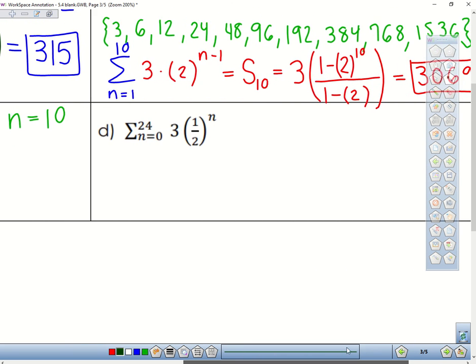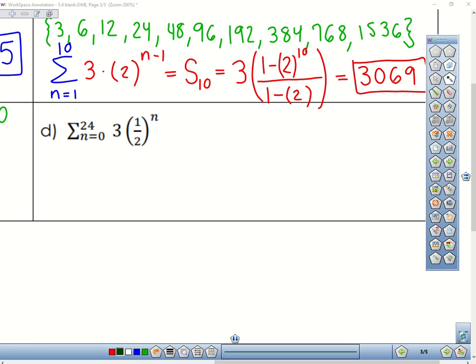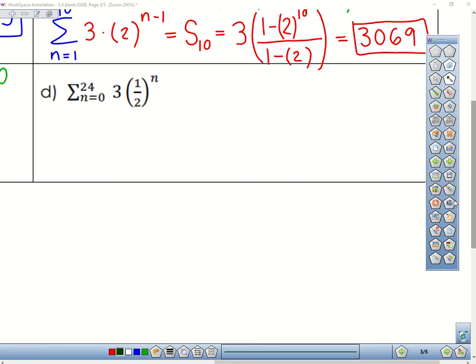Alright, let's try D. So there's something weird about D when I look at it. What do you notice about the n in the beginning here, n equals? It's equal to 0, but what is it usually equal to? 1. So in this case, we usually start with our first term being called A1, but here we're starting with the first term A0, which means that if you're adding in A0, how many more terms are you going to have? 1 more term.